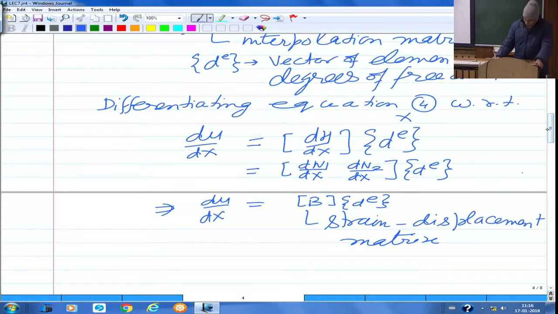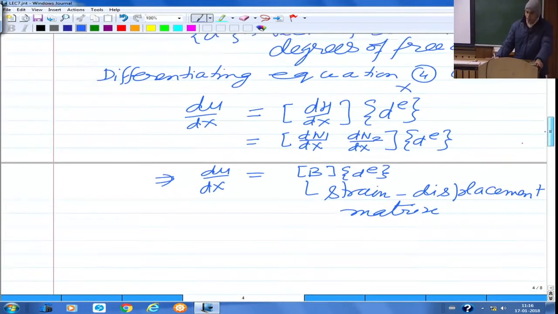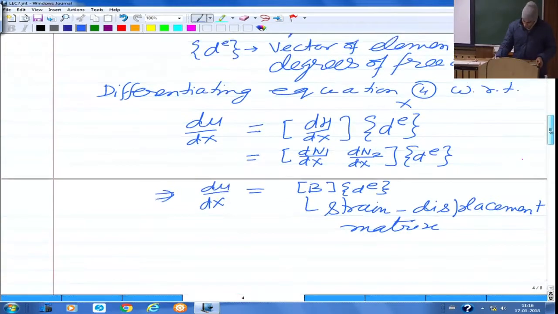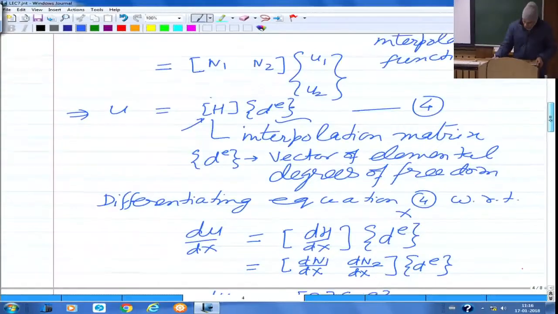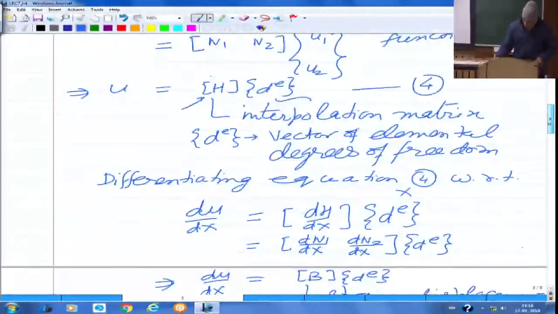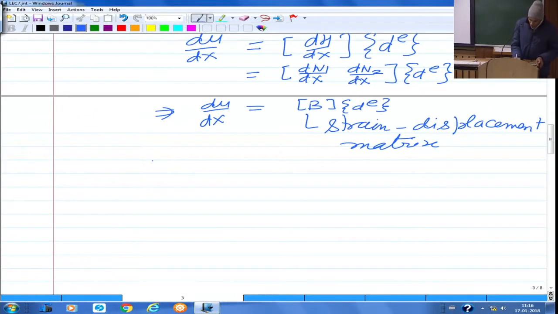Now finally we need to substitute all of this in the integral functional. So let us look at the integral functional now. Before I substitute, I also wanted to discuss these two shape functions n1 and n2. Say I plot the variation of n1 along the length of the element.